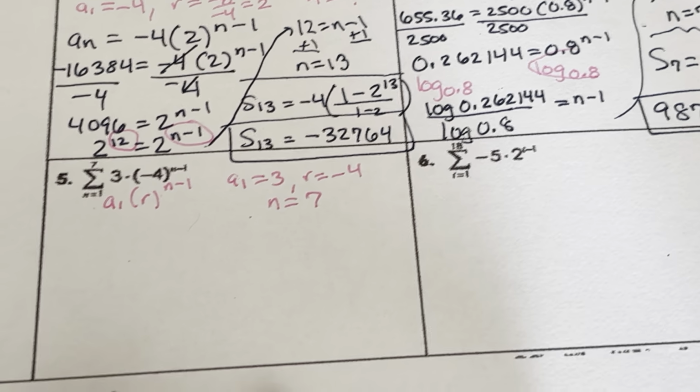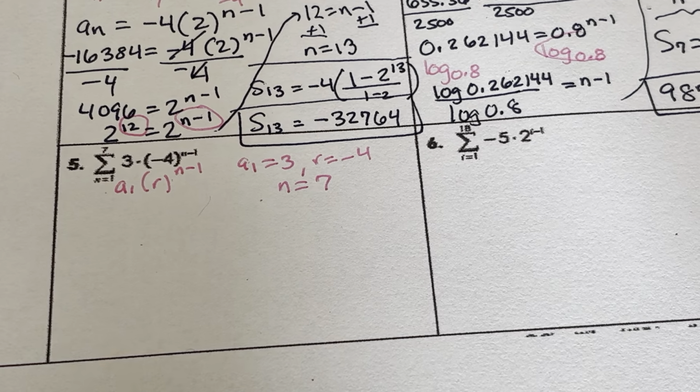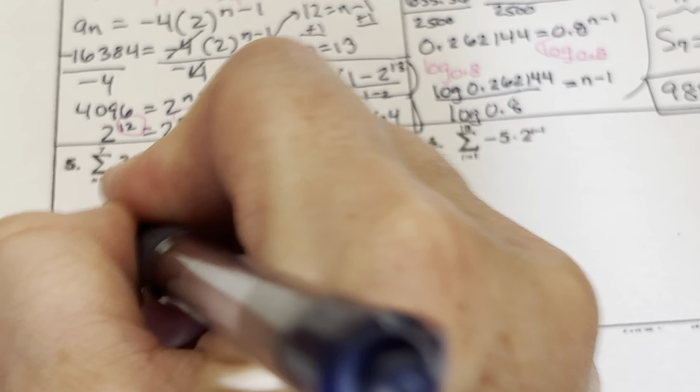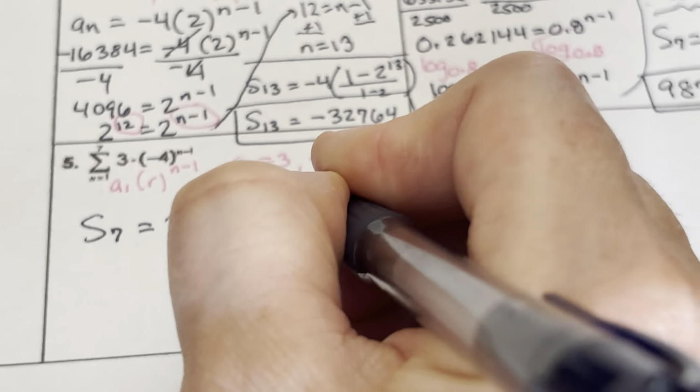But anyways, let's go ahead. So our a1 is 3. Our r is negative 4. And again, you're just looking at placement. And then our n is your upper limit on your sigma, so 7. So you're going to plug in S of 7. S7 equals your first term, so 3 times 1 minus, be careful, our r is negative.